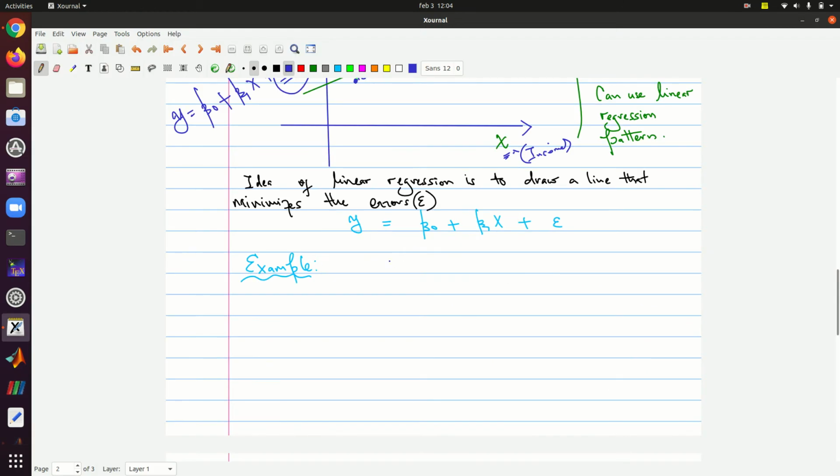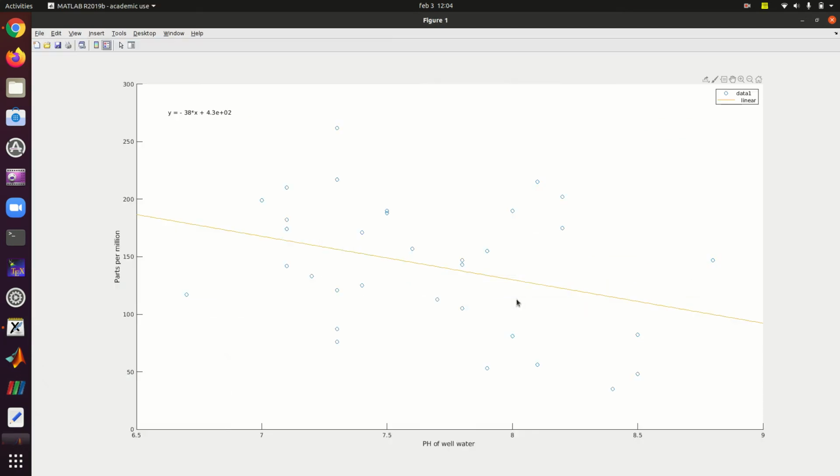In our example, we used MATLAB and found this to be negative 38 x plus 4.3 times 10 to the power 2. So this is our intercept, and this is our slope. You can see we have a negative slope here.